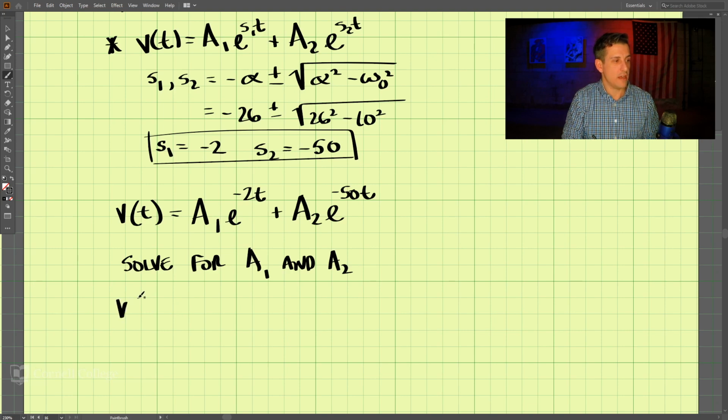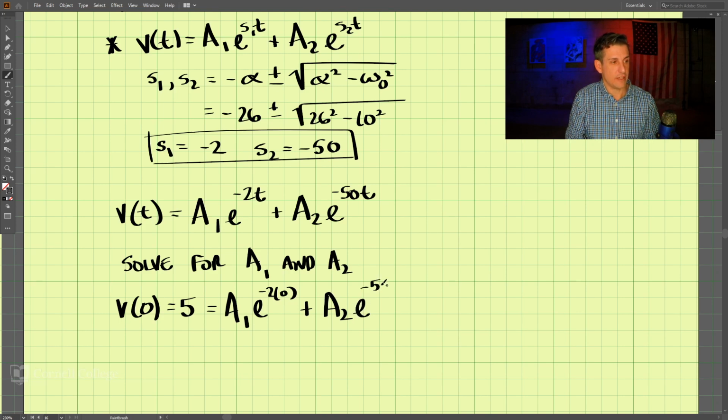So we have V of 0 is equal to 5 volts, which is equal to A1 e to the negative 2 times 0 plus A2 e to the negative 50 times 0. So these values come out to be 1, and this is 1.